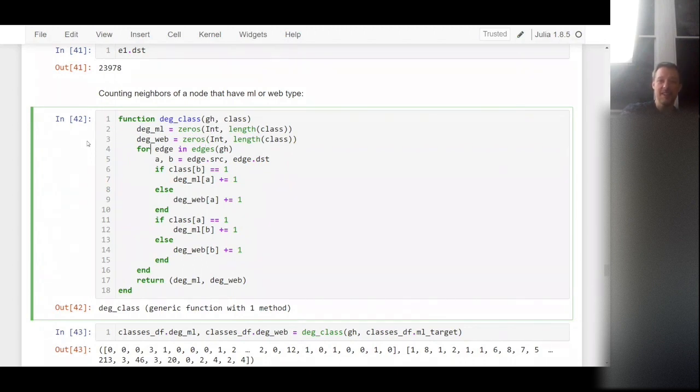And now I iterate over all edges here. For each edge, I call it AB. And I say, okay, if developer B is a machine learner, this means that developer A has 1 more machine learning friend. Otherwise, developer A has 1 more web friend, because if it's not machine learning, it means it's web. But it's also the other way.